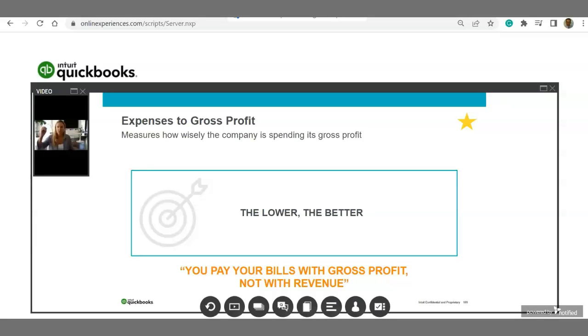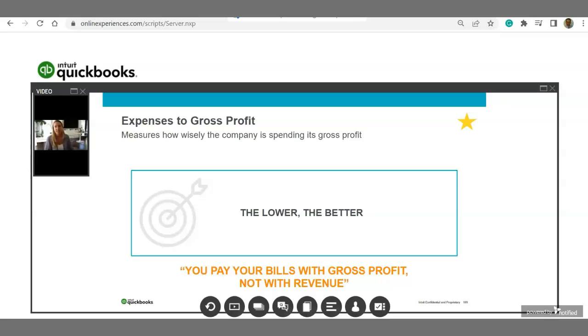You bring in revenue, you have to pay your suppliers so that you can keep purchasing the product or service that you're then selling. And the money that's left over, the gross profit, is what you have to spend on overhead. So watching this ratio will make you more conscientious of spending.